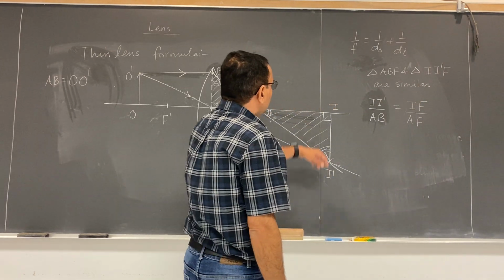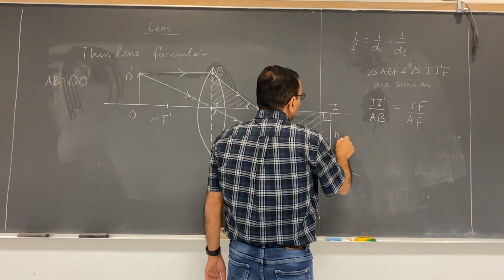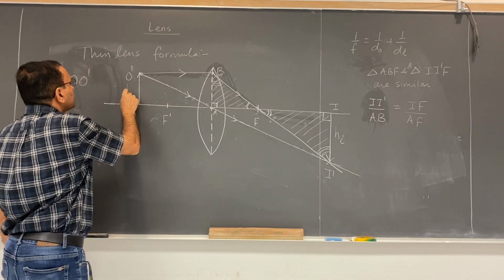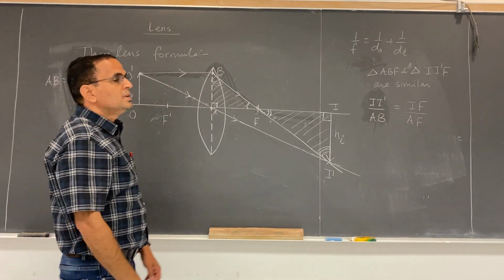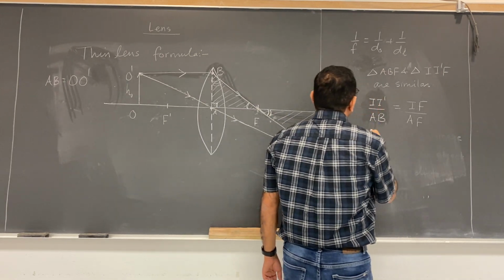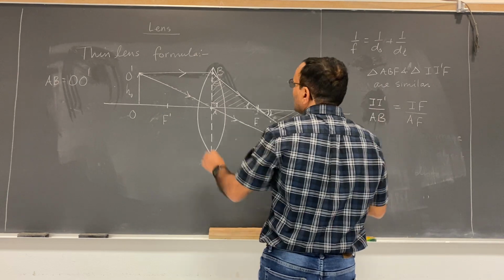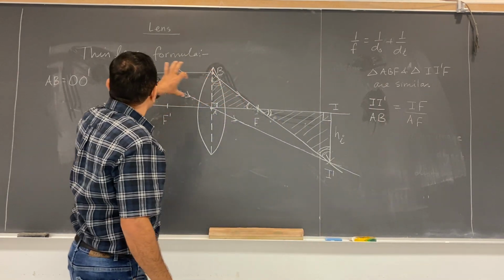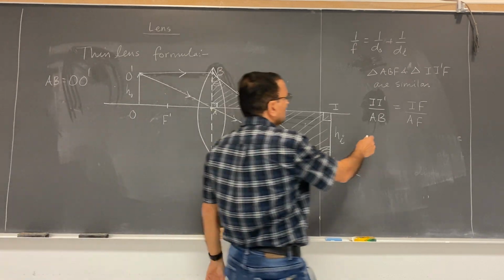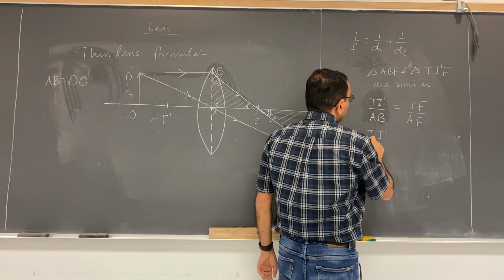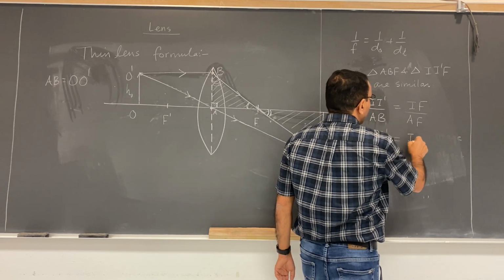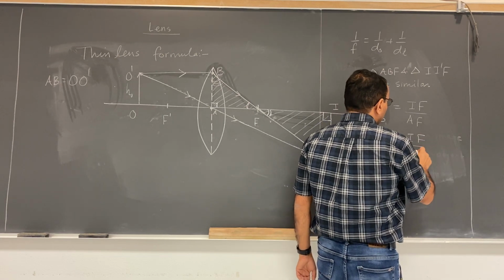Okay, what is I prime? This is HI, height of the image, and this is HO, height of the object. So you can write down AB equal to OO prime. That is why you can do this. I prime divided by OO prime is equal to IF divided by AF.